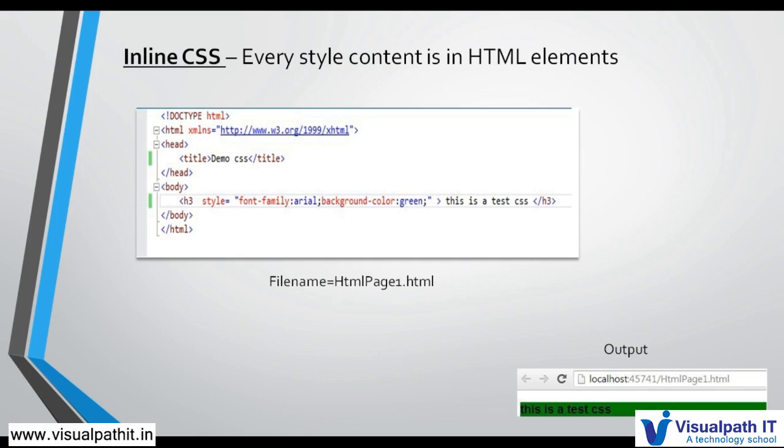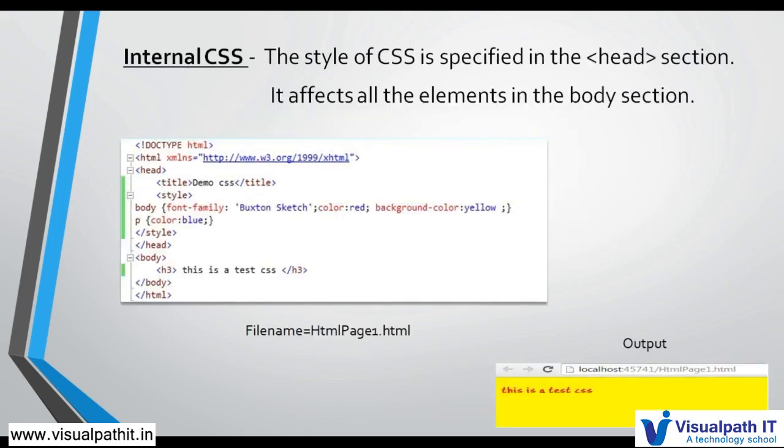Moving next, let's see what internal CSS means. On the screen, you can see that the style of CSS is specified in the head section. It affects all the elements in the body section. In the previous screen, we had written the inline CSS inside the h3 tag.